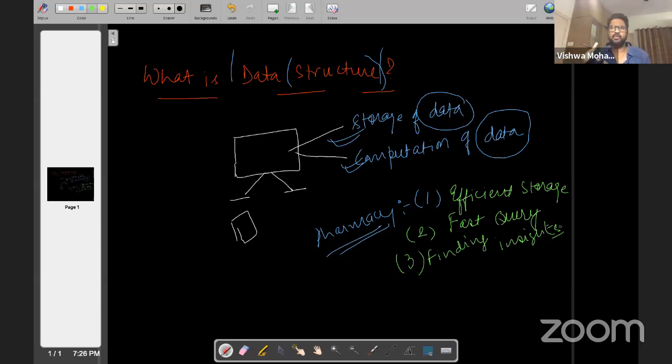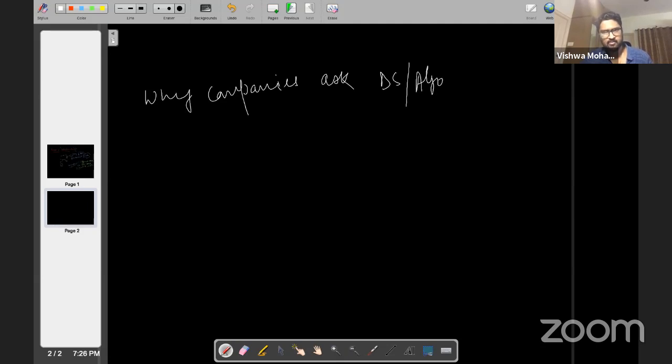So we have understood so far what a data structure is, and we have talked about the advantages of data structures. Now the second thing that I think most of you would have in mind is: why do companies ask DS algo questions?